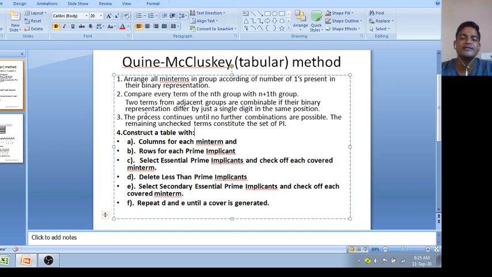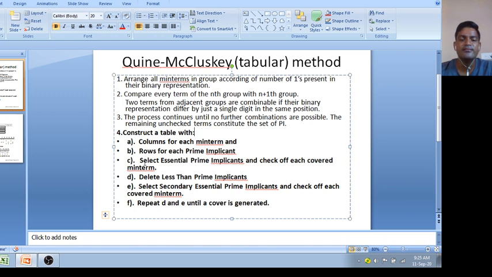Now the final step: you have to make a prime implicant chart. You will write down each minterm in a column and each prime implicant in a row. You know what a prime implicant is? It is a group of minterms.